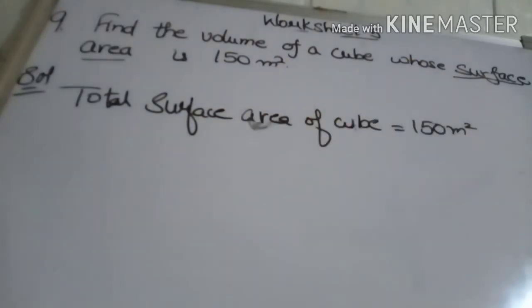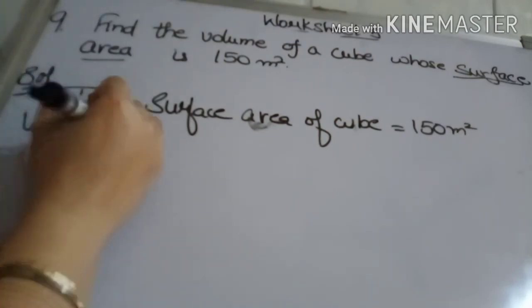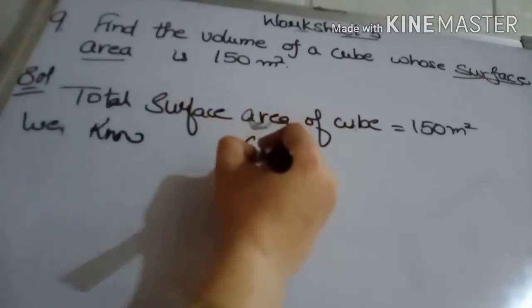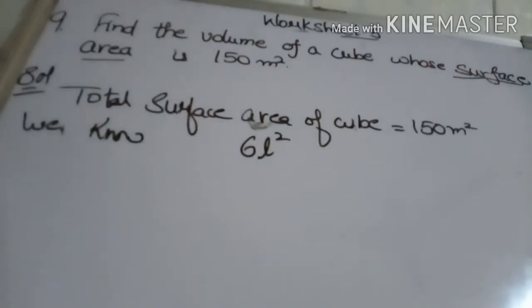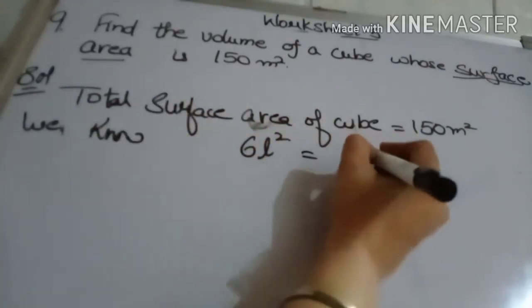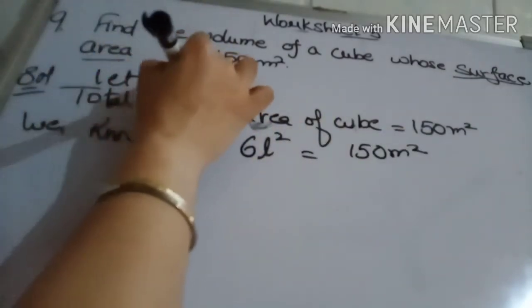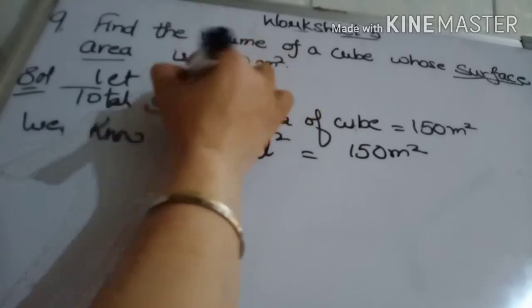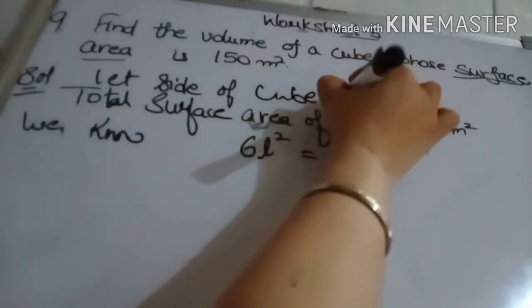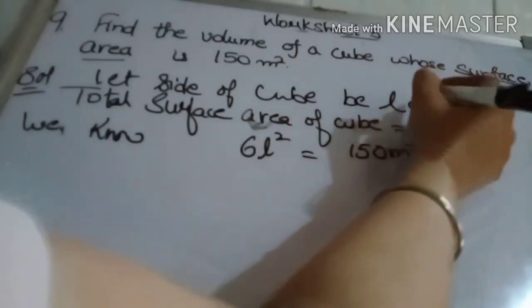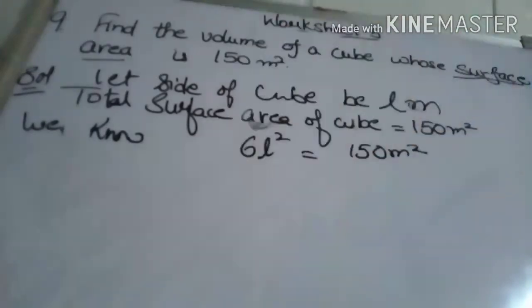You know very well what the total surface area is. We know it is 6L square. 6L square is equal to 150 meters square. Let the side of the cube be L meter, because surface area is in meter, so we have taken L meter.